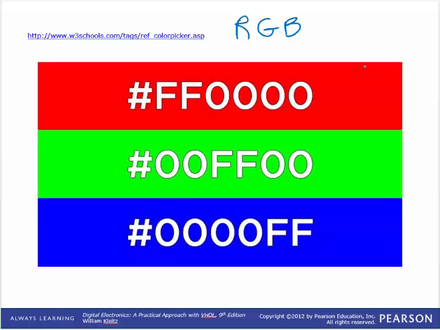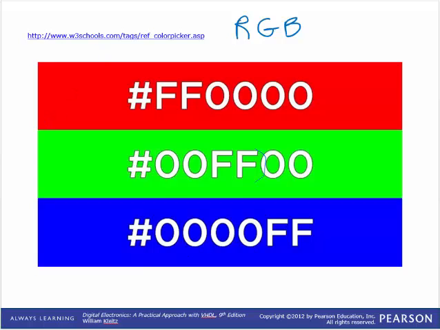If you have all ones in the first byte, you represent the color red. If you have all ones in the middle byte, it's the color green. If you have all ones in the lowest byte, it's a blue color.